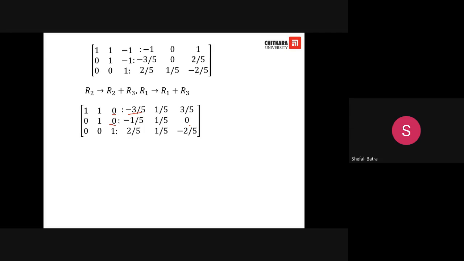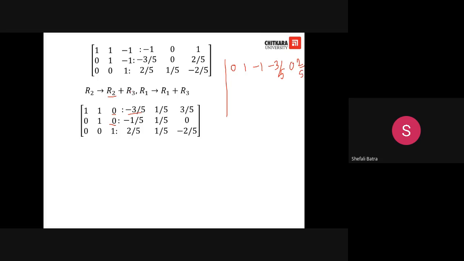Those who are getting confused while writing these entries can write the values on the rough side. Let us suppose I am writing R2. This is your R2: 0, 1, minus 1, minus 3 by 5, 0, 2 by 5.